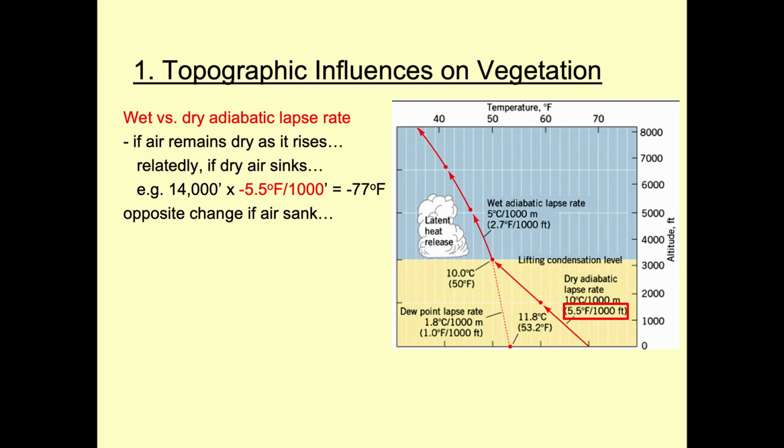Now, on the opposite side of the mountain, if that parcel of air moves over the top and it still remains dry, it will increase by 77 degrees Fahrenheit as it descends that 14,000 feet.